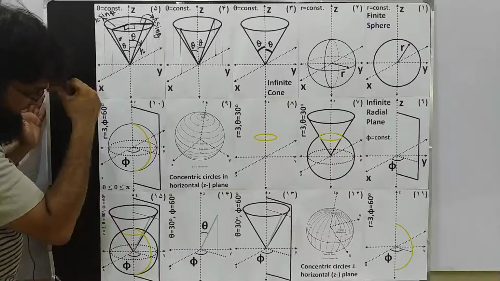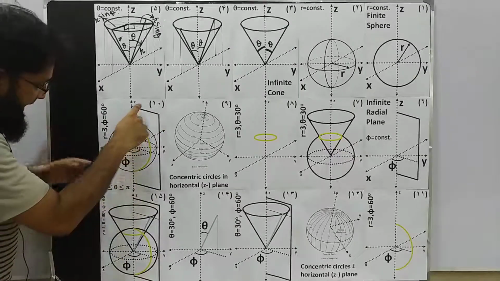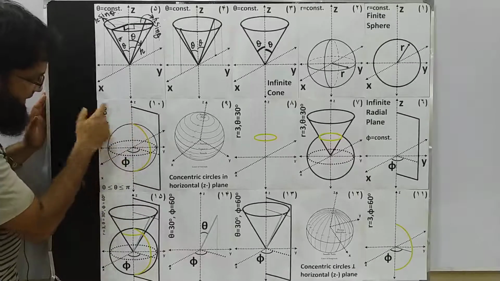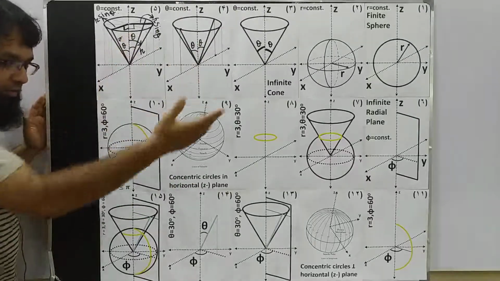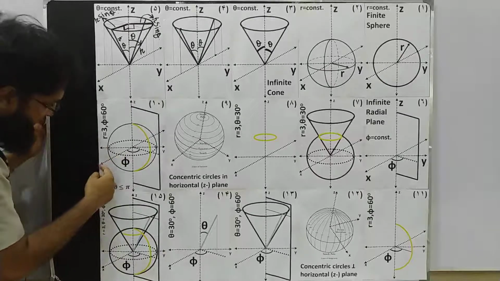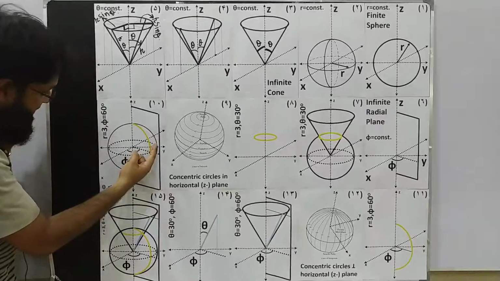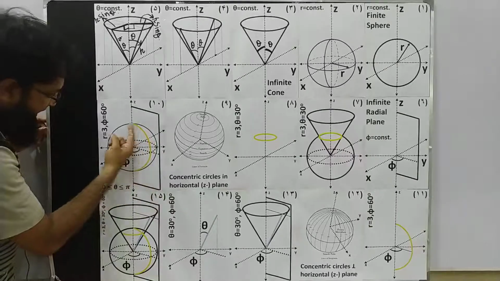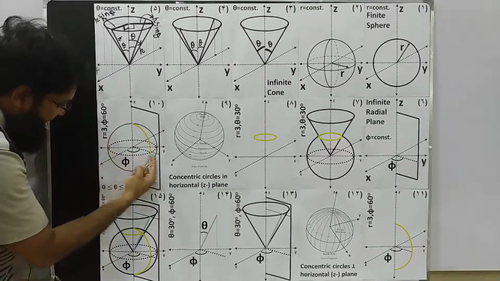This is its basic definition. That's why it's called a radial plane. Had it been defined differently, like we had defined x equals constant, y equals constant, and z equals constant, in that case, you can see that where the z equals 0 plane or XY plane intersects this sphere, it forms a perfect circle.